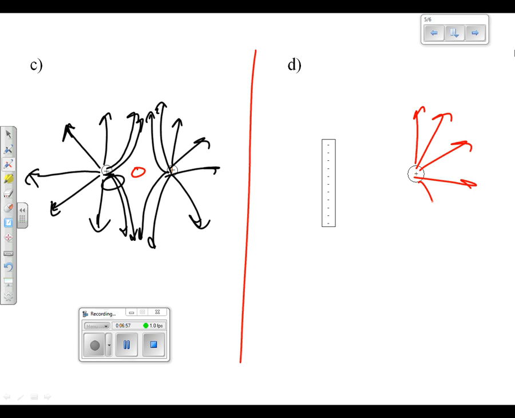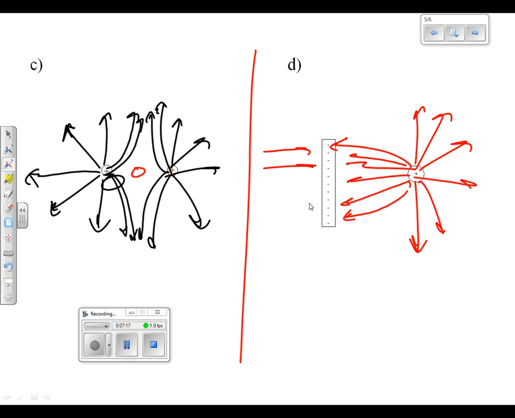Does it matter how many you draw? Not really, because I'm not asking you for the overall strength, but draw me a few. And then towards negative. What about over here on this side? Is there going to be a field over here? On this side? Yep. Towards negative.